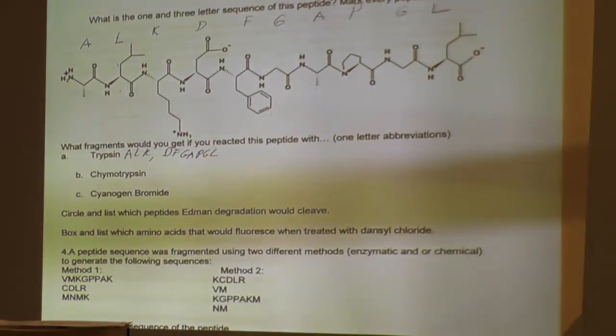Okay. What does chymotrypsin do? Yeah, it cleaves after the C-terminus, or cleaves the C-terminus of phenylalanine, tyrosine, and tryptophan, aka hydrophobic residues. Woo.